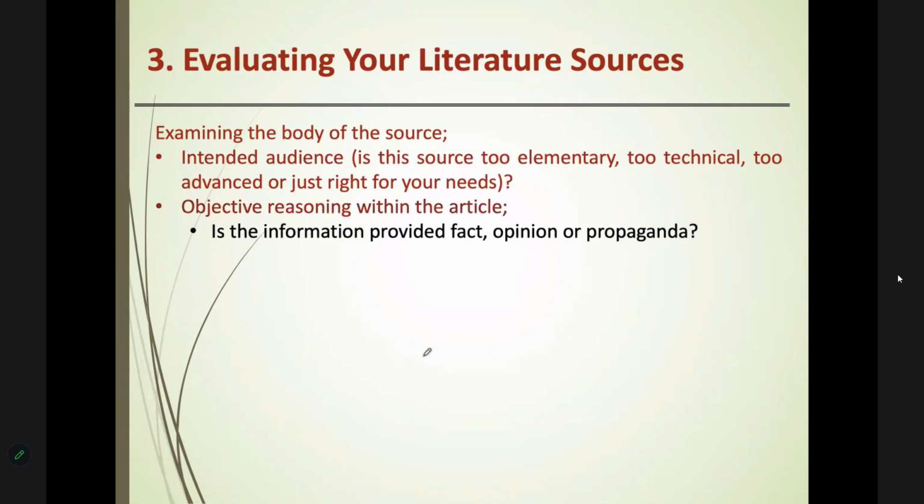Objective reasoning means checking whether the information provided is fact, opinion, or propaganda. If it is a research or journal paper, it is usually based on fact and opinion, right? They have collected some facts from existing sources, and they can collect opinions or viewpoints from interviews, and based on that they write their articles.